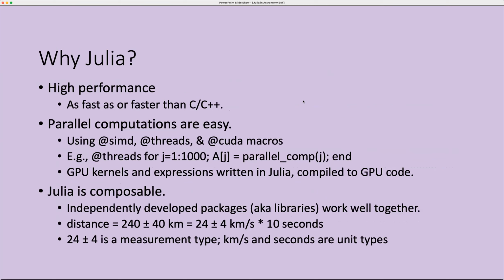Other aspects of Julia: it's high performance. Many tests show it's as fast as, and in many cases faster than, C and C++, and there are reasons for that because of various optimizations that can be done. I'll give you one example. If you're adding a unitary array to some other type of array, the unitary array doesn't actually have to be an array.